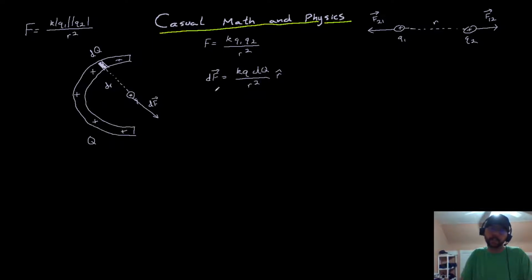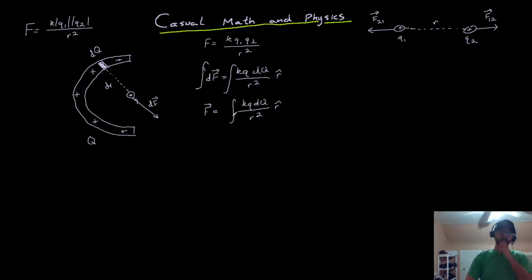And what we can do is, I could do this later, I could do this now, I'll just do this now. If we integrate both sides, the integral of the infinitesimal piece of force is the total force, kind of by definition. So force equals the integral of k q dQ over r squared, r hat.